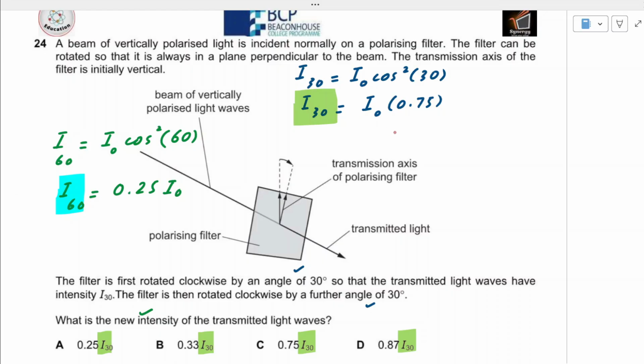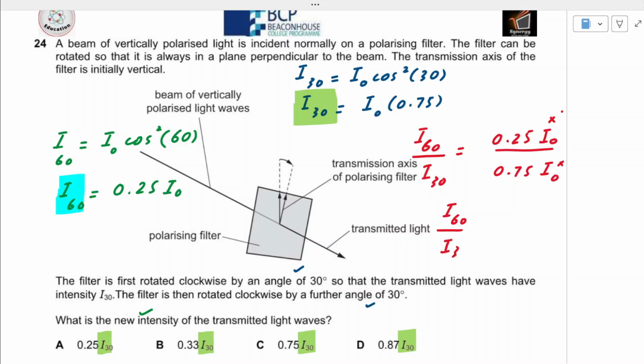So you have to do mathematics here. What I can do is divide the two equations. Left sides divided by each other, right sides divided by each other. So I0 cancelled out by I0, and I60 over I30 equals 1 by 3.